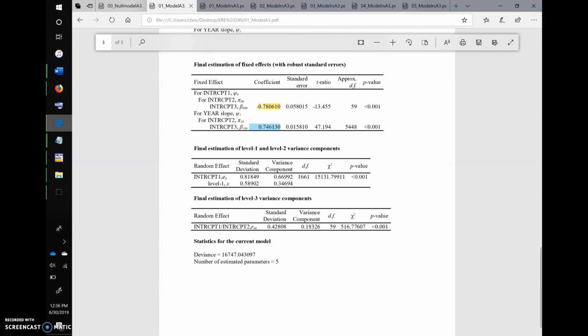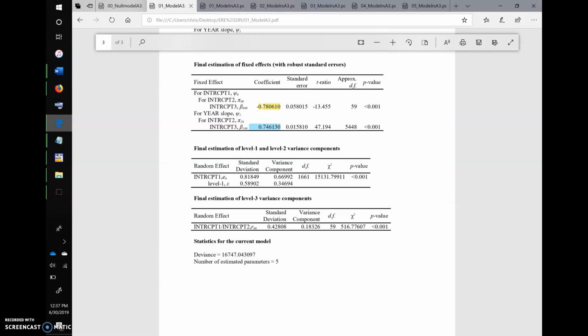Okay, and what we find is when we add year as a predictor, those within the schools by group have an opportunity to do better than the standardized coefficient of all the schools.